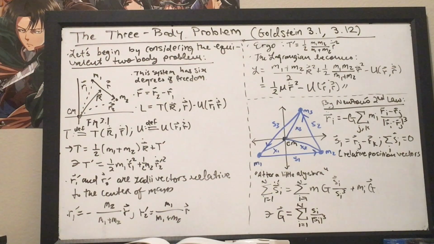We can also conveniently reparameterize this kinetic energy term, the T prime, when we rewrite our position vectors R1 and R2.